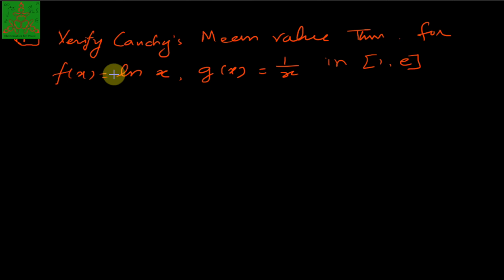So let's take the first example. The question is: verify CMVT, that is Cauchy's mean value theorem, for f of x equal to ln of x and g of x equal to 1 by x in the interval [1, e].